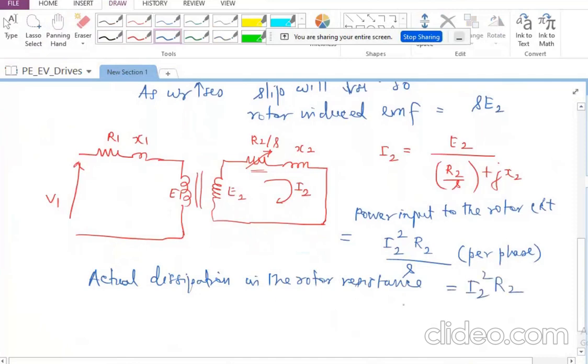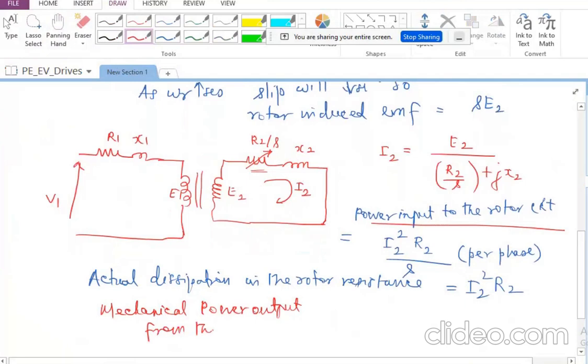So I can see the rotor rotating clearly. So there should be some amount of input power to the rotor circuit which has been converted into mechanical power. So I can say mechanical power output from the rotor, that should be equal to power input minus resistance loss.